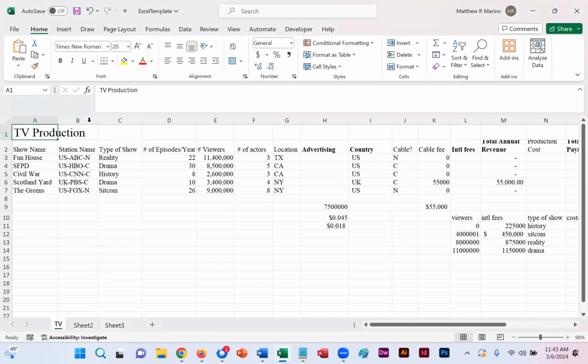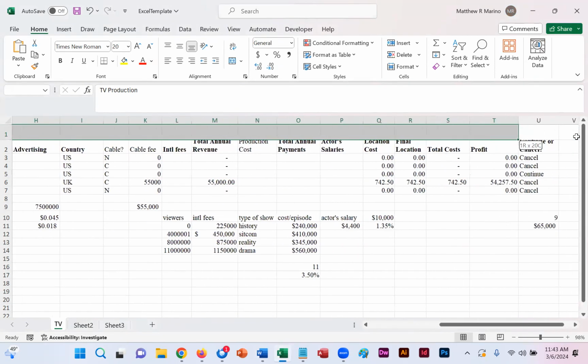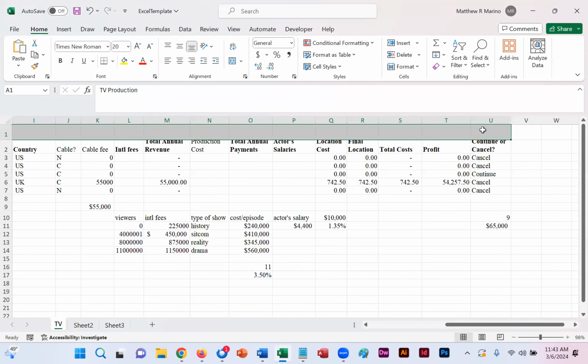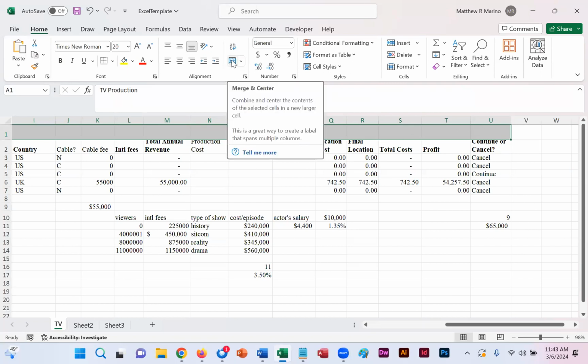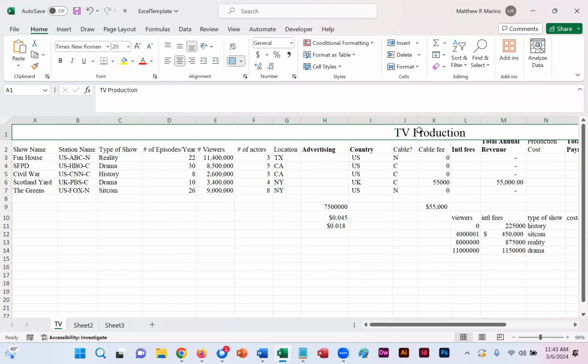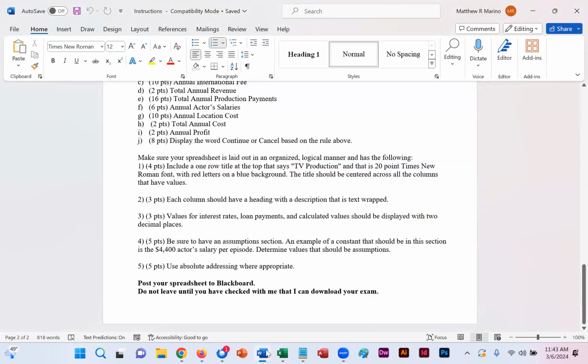So Times New Roman 20. I click in and highlight through U, which is where I have mine stop. And I select the merge and center option. So it's centered over everything you have.